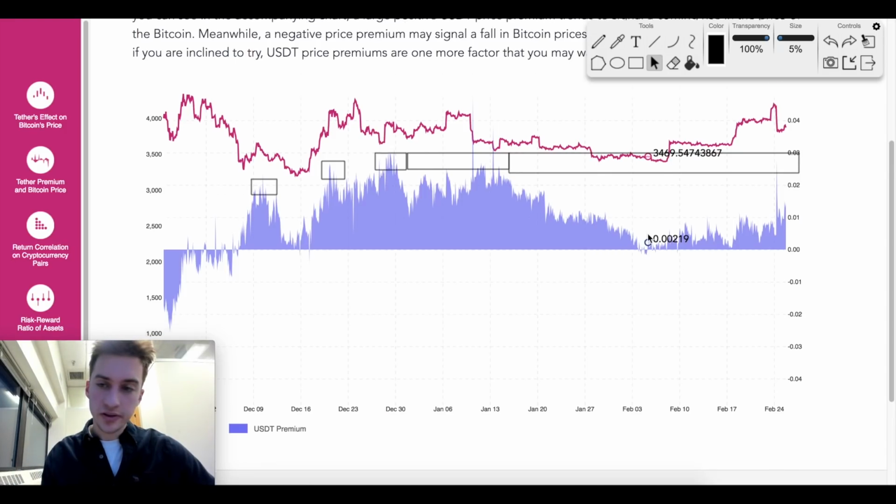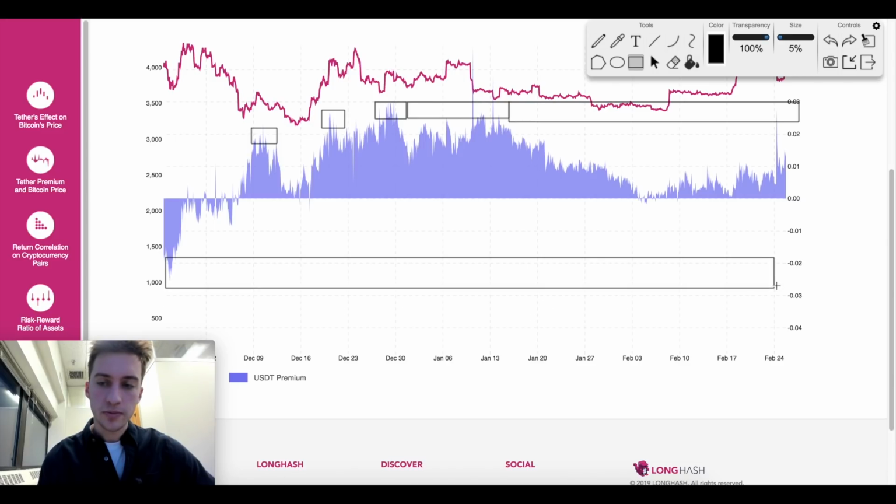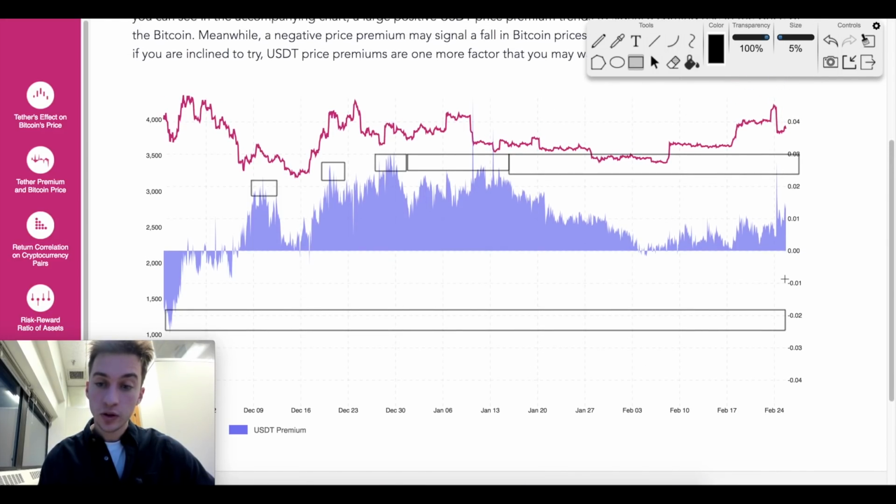I think that this still is important, and if we ever get Tether going to a price premium down here, then that would alert me that price is likely to rise. Or if we ever get Tether going back down to being pegged to the US dollar successfully, so a 1-to-1 ratio or just a 0% change on the premium of Tether, I think that could also signal a price rise.